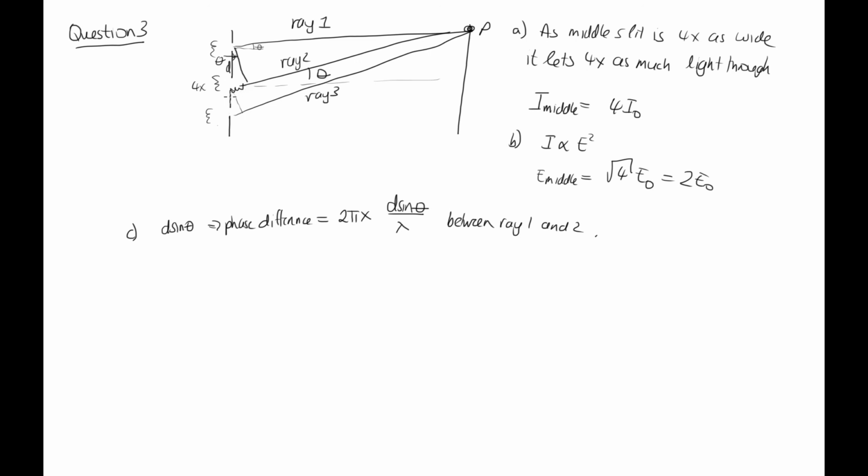Again, because this angle is theta, this angle in here is theta. So we've got 2 pi times d sin theta over lambda between ray 2 and 3. But then between ray 3 and 1, we've got these path differences we'll add together. So between ray 3 and 1, we'll have double this path difference. So we'll have 2 pi times 2d sin theta over lambda.